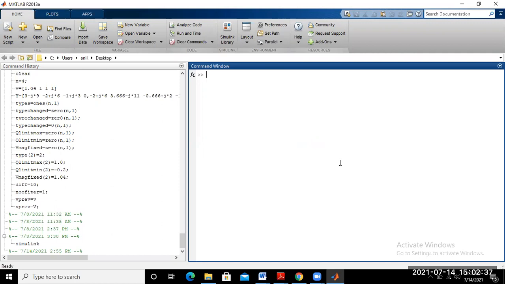So now let's start the class. MATLAB programming for the load power flow equation by the Gauss-Seidel method. Just write a comment: percentage load flow using the Gauss-Seidel method.